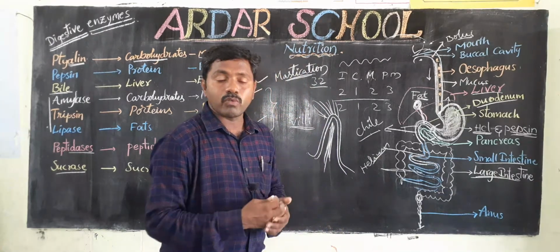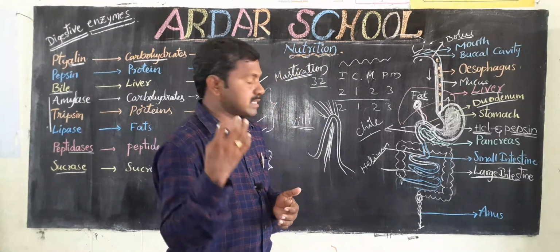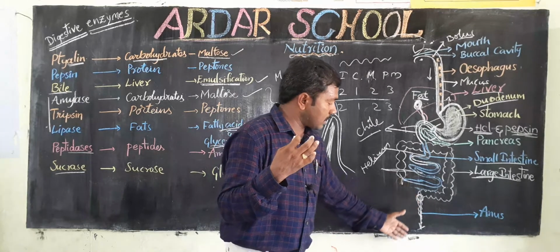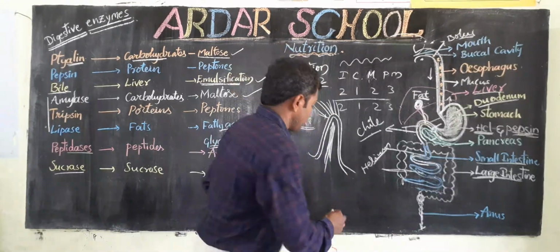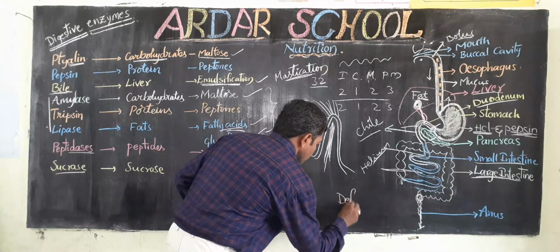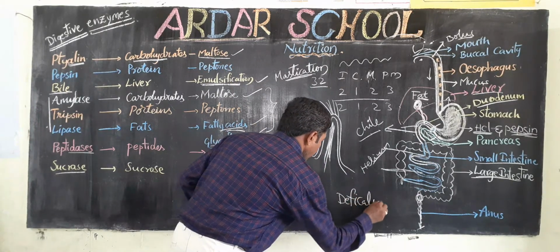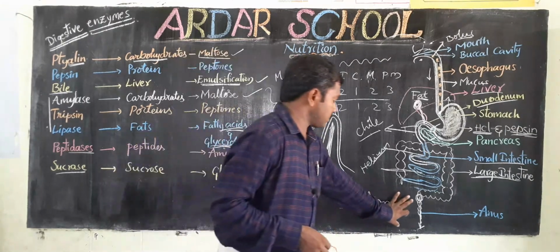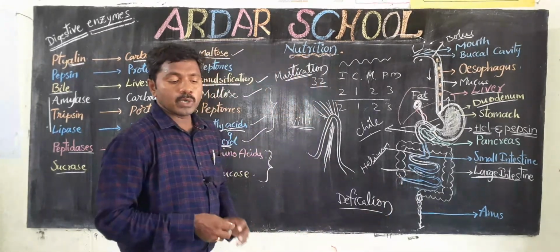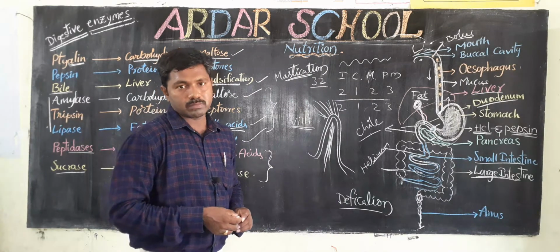The passage of undigested food material through the anus is called defecation. So this is the human digestive system.